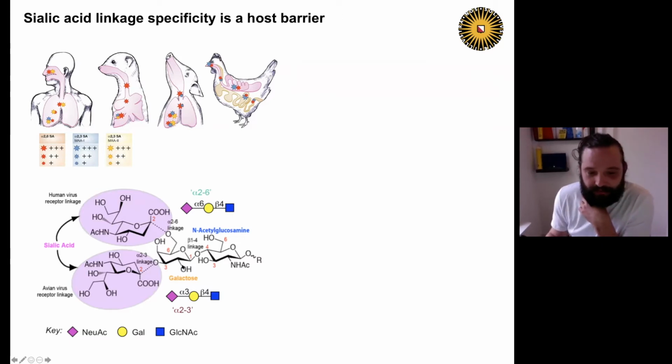And this penultimate galactose is almost always linked, or influenza viruses prefer binding to these structures if there's an N-acetylglucosamine. And in the rest of my presentation, I will show these different symbols depicting sialic acids, and in the yellow circles, galactose, and GlcNAc in these blue squares.